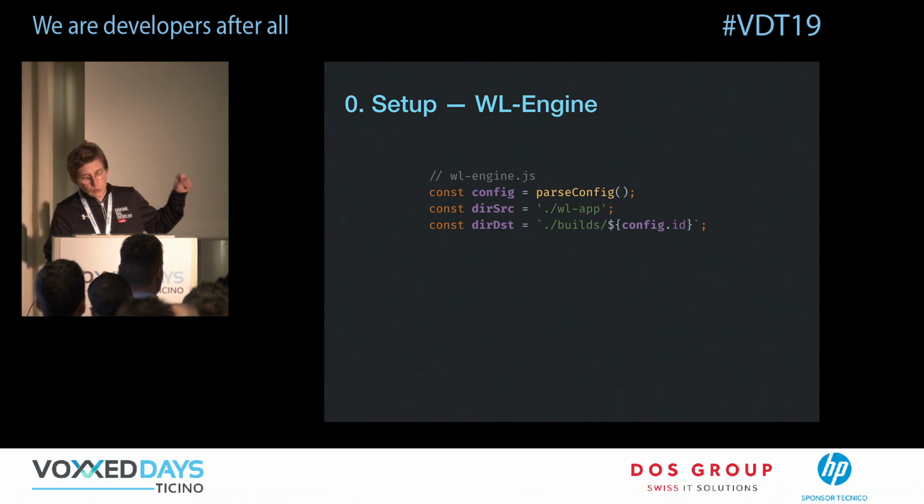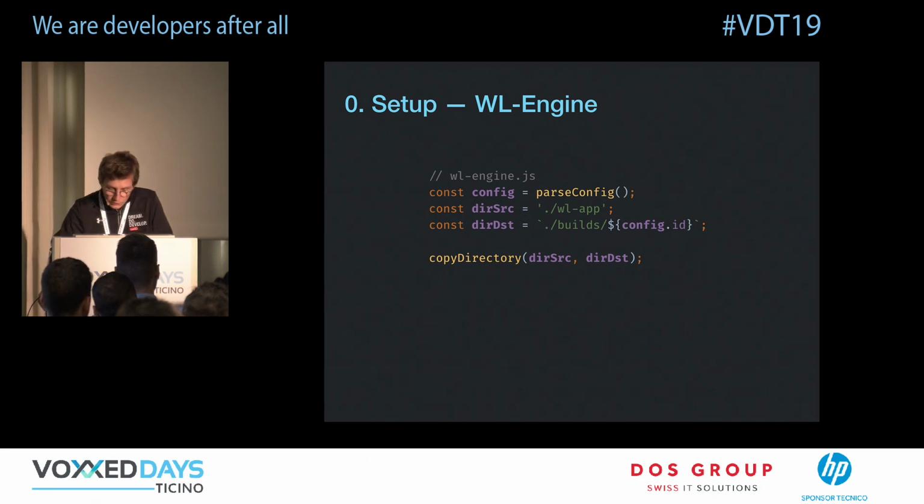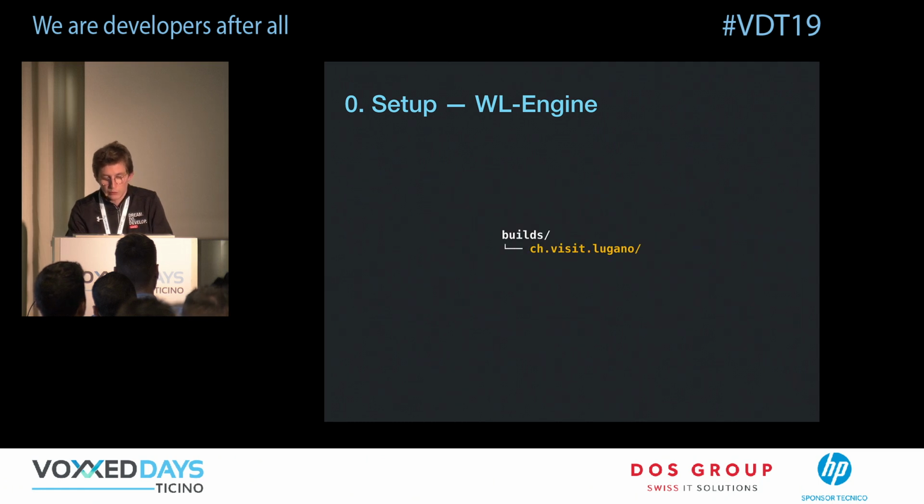So the white label engine will copy the source directory into the builds directory we saw before, which was empty, and it will produce this. So ch.visitlugano in the builds directory is just a copy of the white label app at first. Nothing more, nothing less.